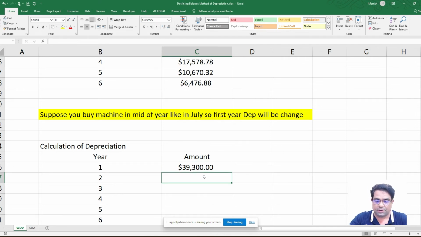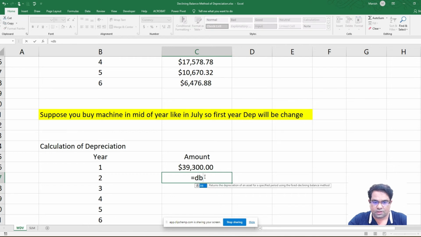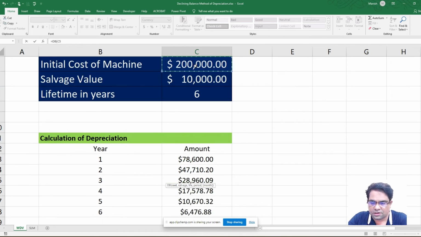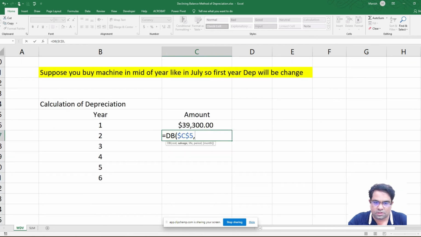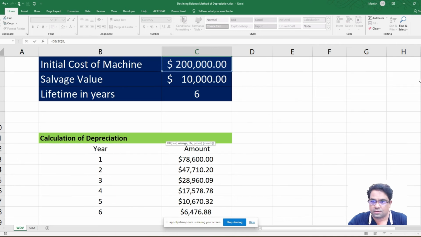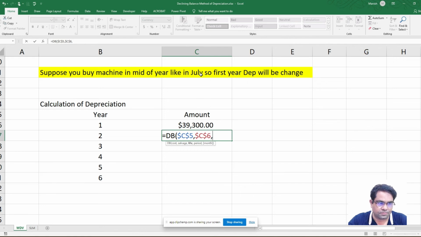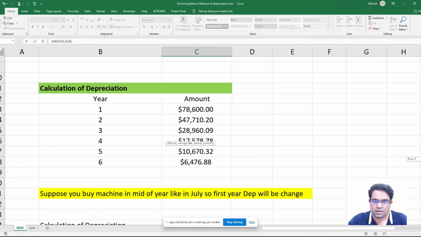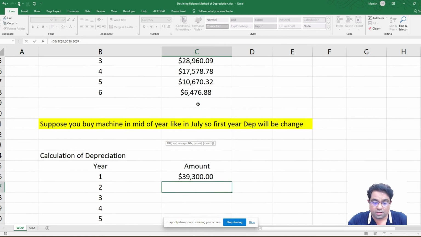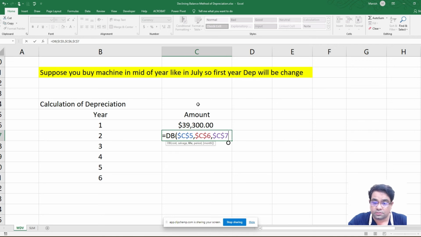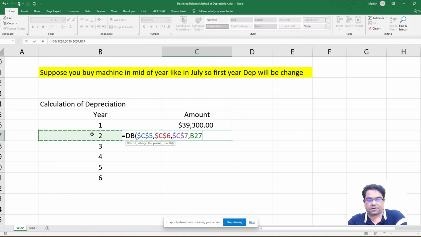So we use DB: the cost of the machine, press F4 to convert it to dollar, comma, the salvage value, F4, comma, the lifetime, F4, comma, this period, bracket close.